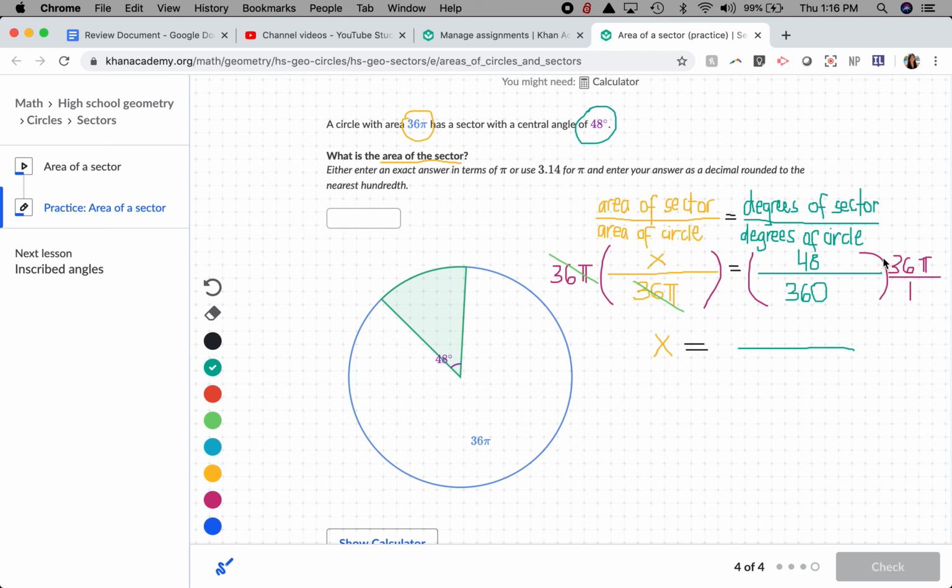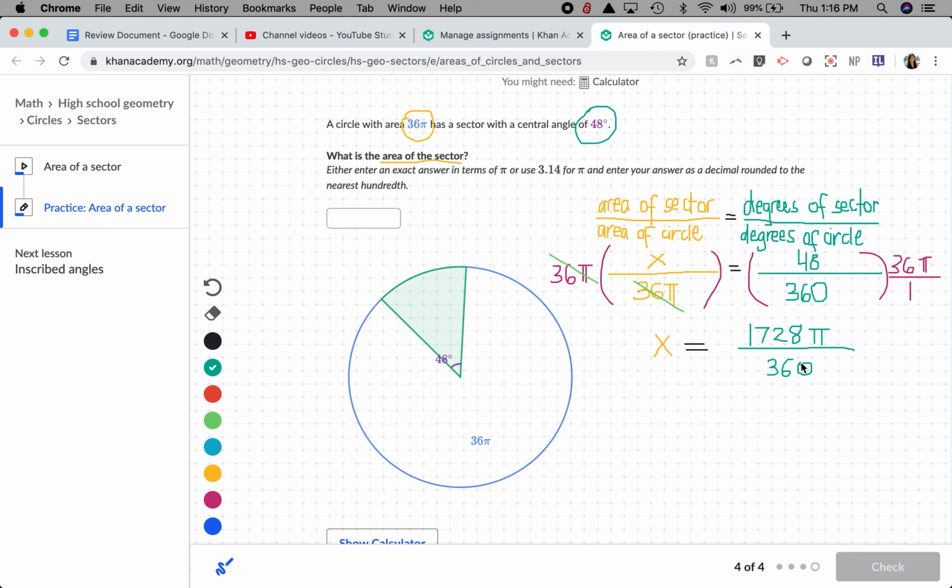So let's tackle the numerator first. We've got 48 times 36, and that is going to give us 1,728. And don't forget that we've got pi there. And in the denominator, we're going to multiply 360 times 1, which is just 360.